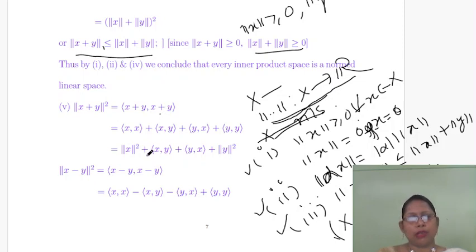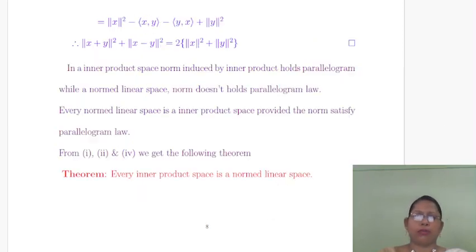On expansion I will get norm of x squared plus inner product of x, y plus inner product of y, x plus norm of y squared. Again expand norm of x minus y whole squared, which is equal to the inner product of x minus y comma x minus y. On expansion we will get norm of x squared minus inner product of x, y minus inner product of y, x plus norm of y squared.